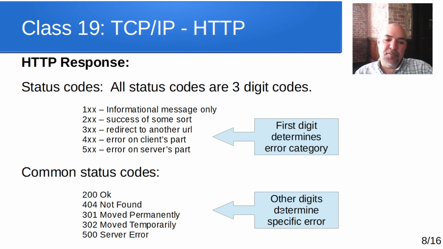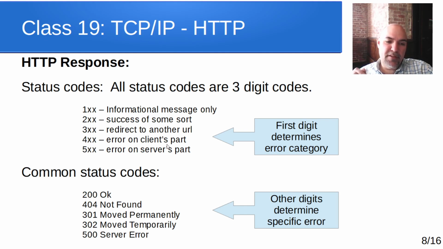And some common ones that you're probably used to, 200 OK is one we just saw. Notice that's a success. 404 is not found. That would be an error on the client's part. Notice it's the client's fault for asking for something that didn't exist.